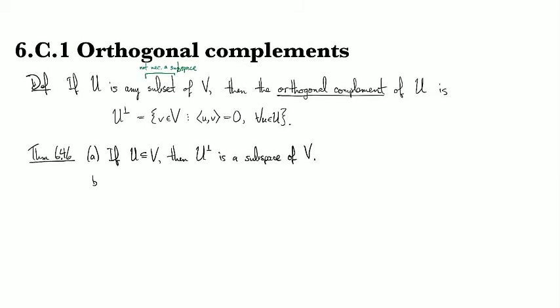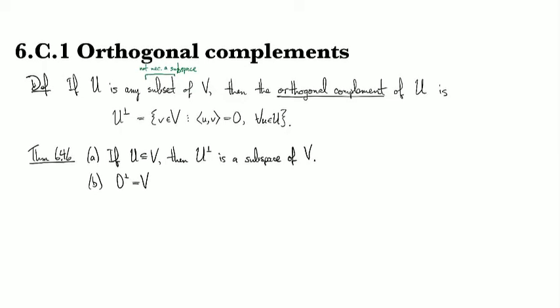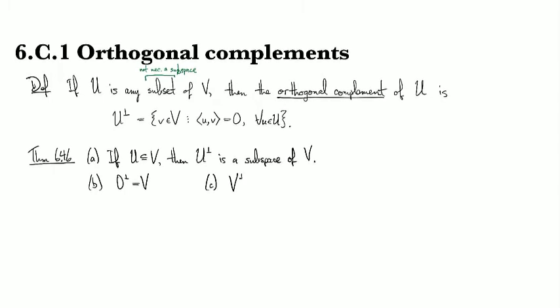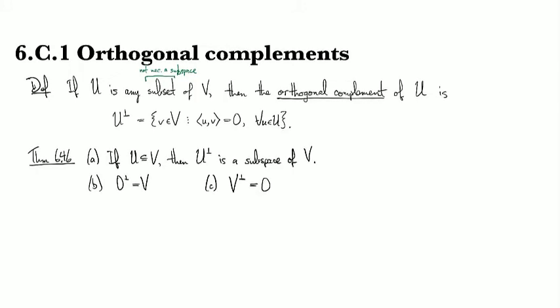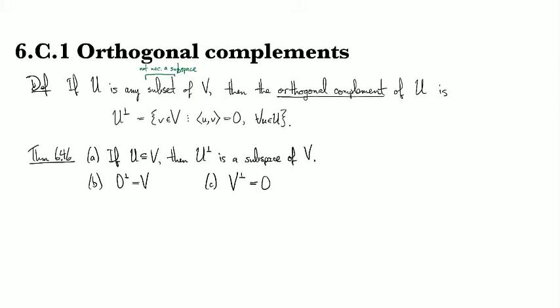We also have that the set of things orthogonal to 0 is the entire space, and the things that are orthogonal to all of V, well, that's only the 0 vector.